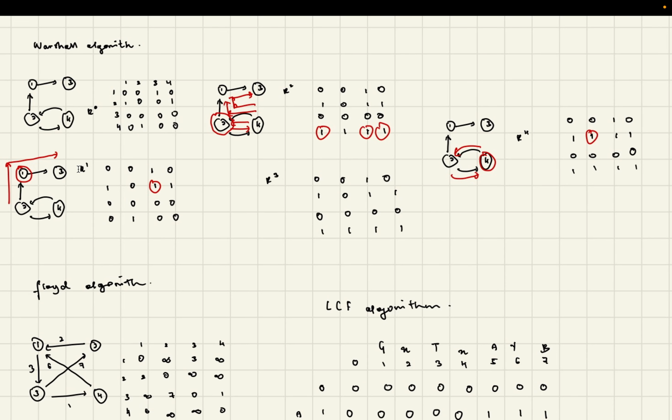And then for the R1, it means that we make node 1 the middle for the other nodes to arrive at the other nodes. So for example, in this case, we put 1 in the middle, so we can see 2 can go to node 3 through node 1.